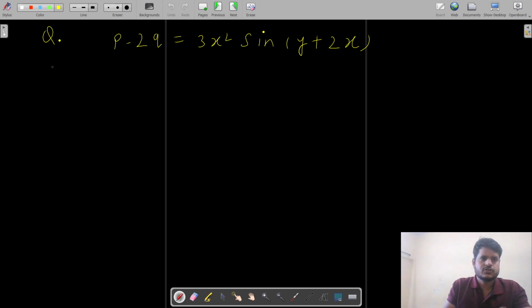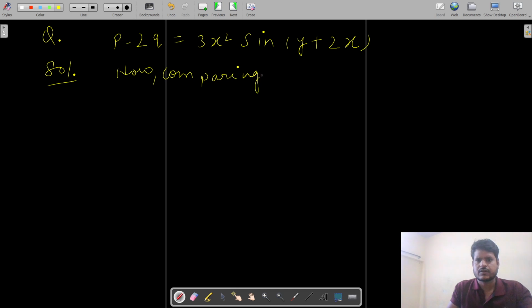Now, the solution. First of all we have to compare with capital P small p plus capital Q small q is equal to R, right?